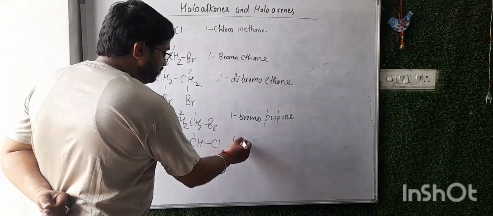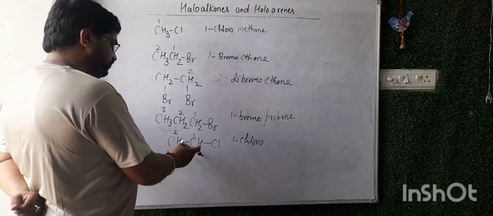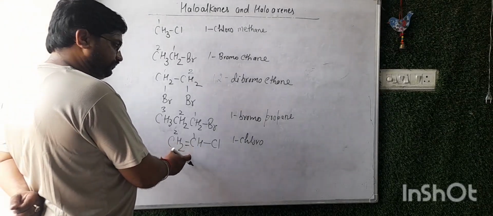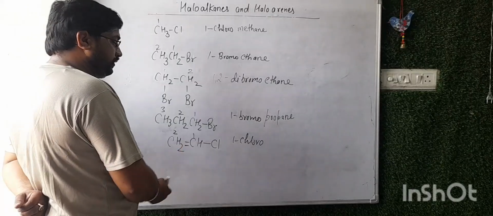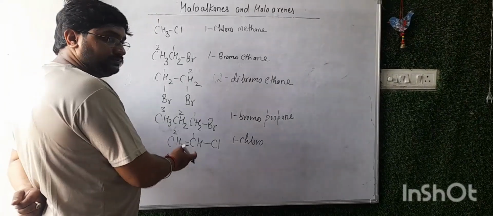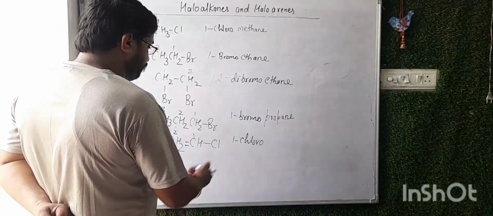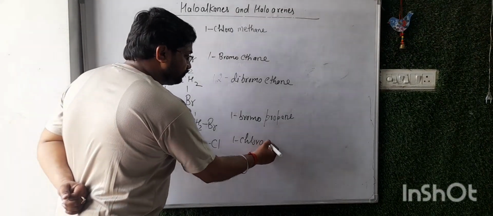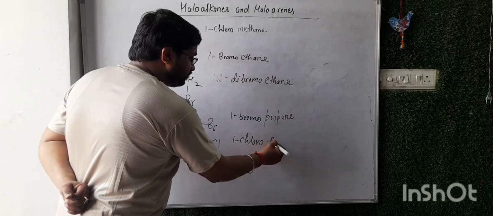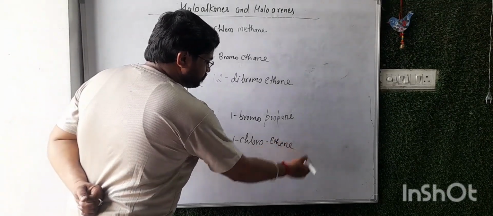What we write is 1-chloro. The 2 carbon root word is eth, and then the double bond suffix. So the name is 1-chloroethene, and ethylene is also correct.